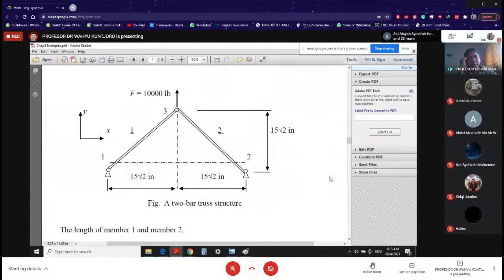So this is the example. We have a truss. What you have here is a finite element model. So somehow the model is as what you see over here.